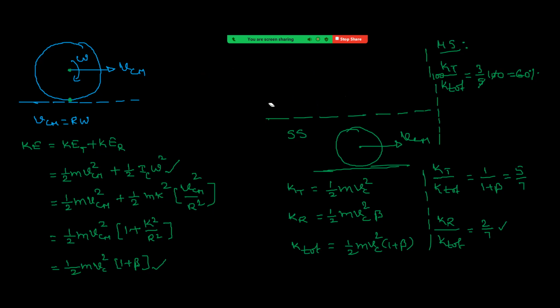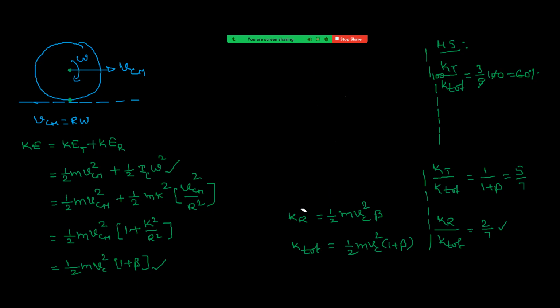Assume that the body is now rolling on a plank which is moving. Let us see how to make the calculation if VCM not equal to R omega.